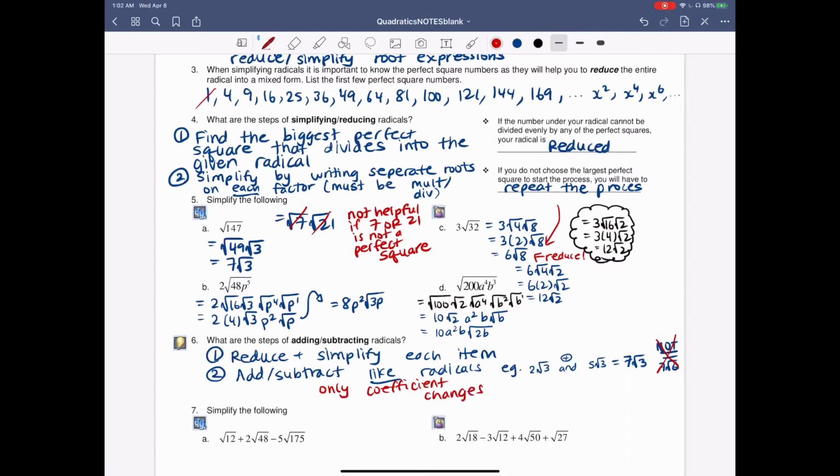So just like I mentioned, 2x plus 5x is 7x. We're dealing with the square root part as like an x. So therefore, like polynomials.